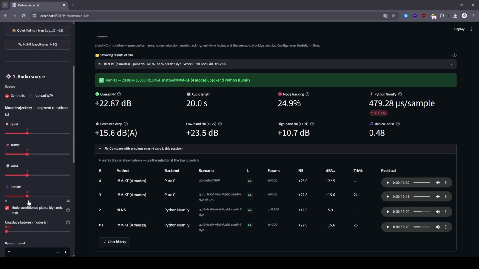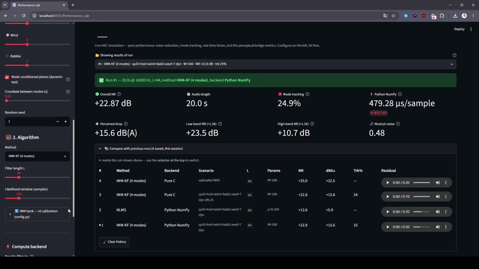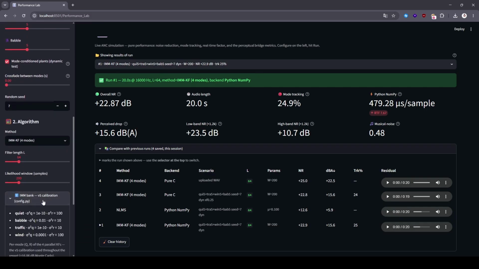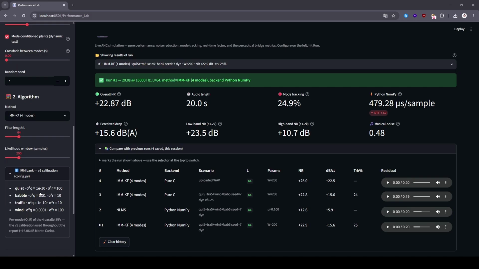We ran our proposed configuration on this scenario just before recording. Here are the results. This is a bank calibration R config for the Bayesian posterior.